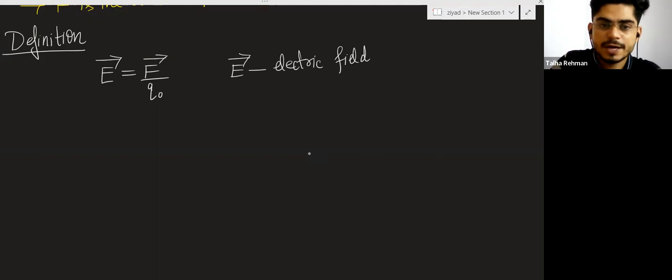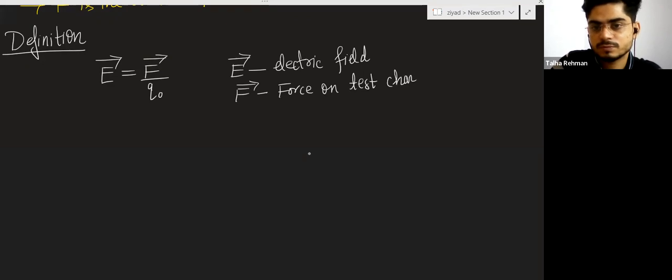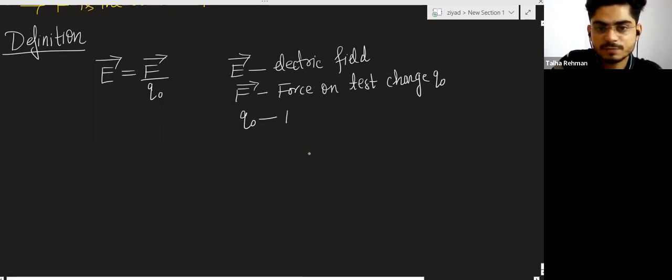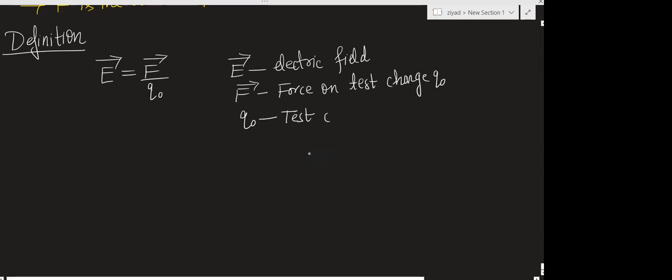F vector is the force on test charge q naught, and q naught is a test charge which is very, very small. I have already told you.